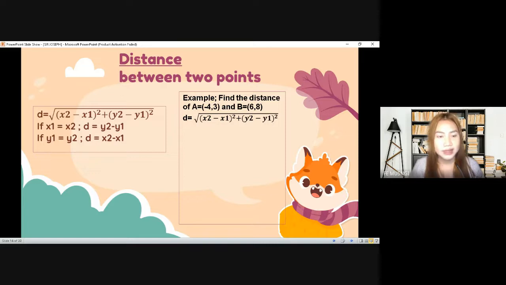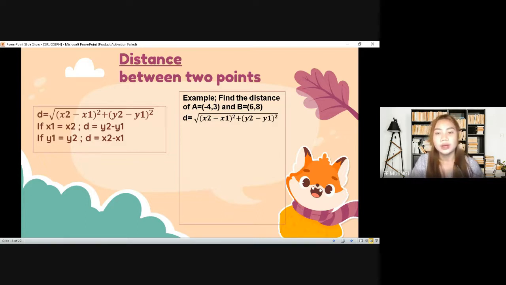So, if y sub 1 is equal to y sub 2, then D is equal to x sub 2 minus x sub 1. So, the distance formula is used to find the distance between 2 points situated in coordinates of A, x sub 1, y sub 1, and coordinates of B, x sub 2, and y sub 2.